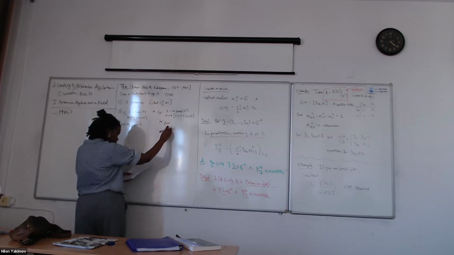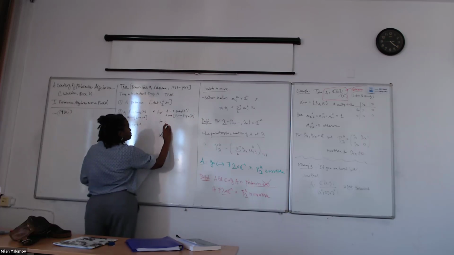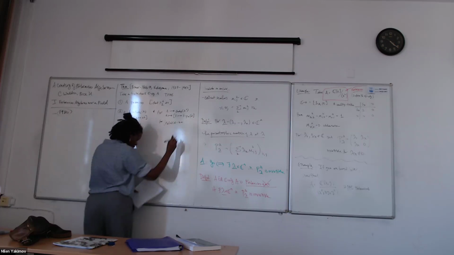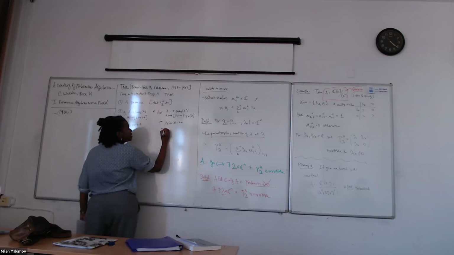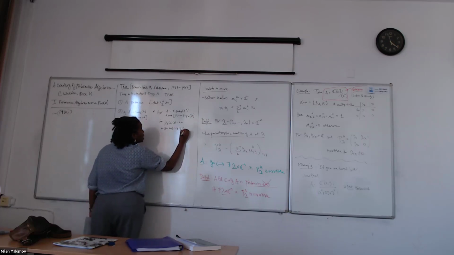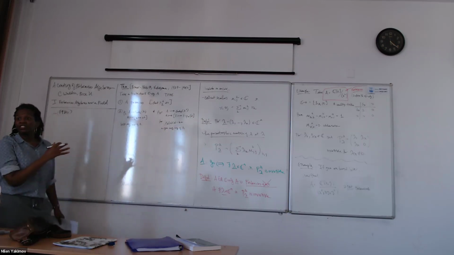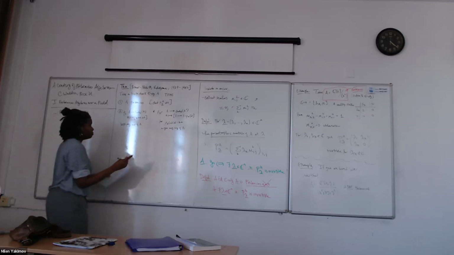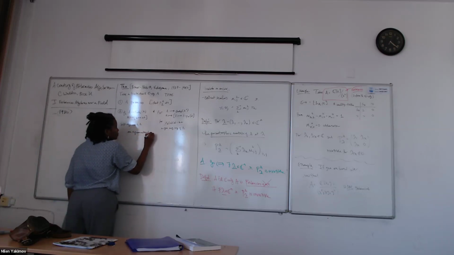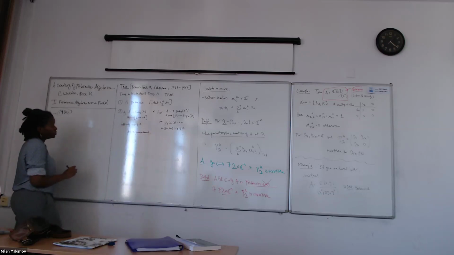This is called the right regular map. What you want is that these two representations of A are equivalent. So that's the second characterization.